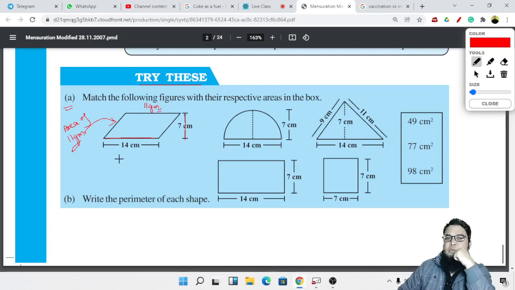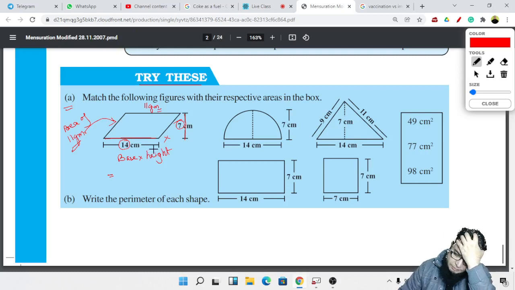Yes, base into height. So what will be the figure then? Figure means better when you will multiply 14 into 7.